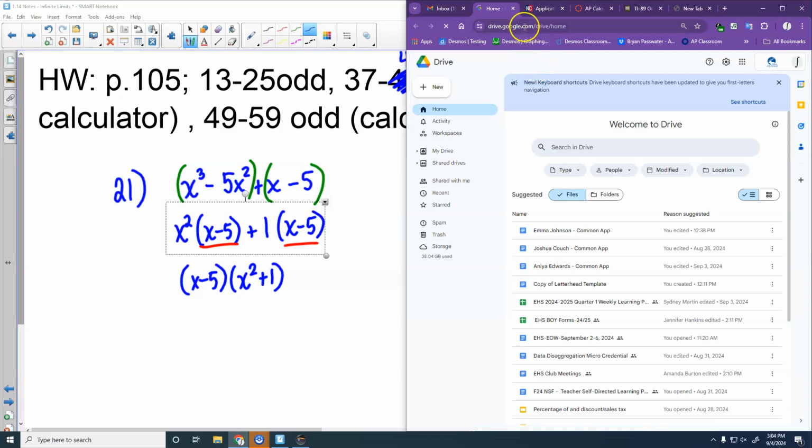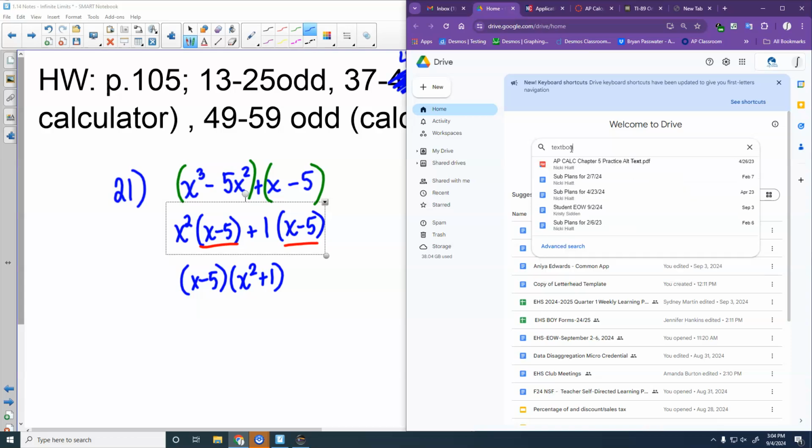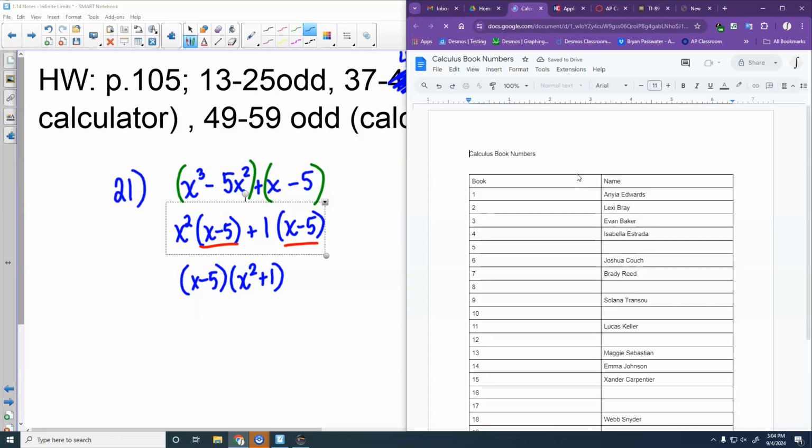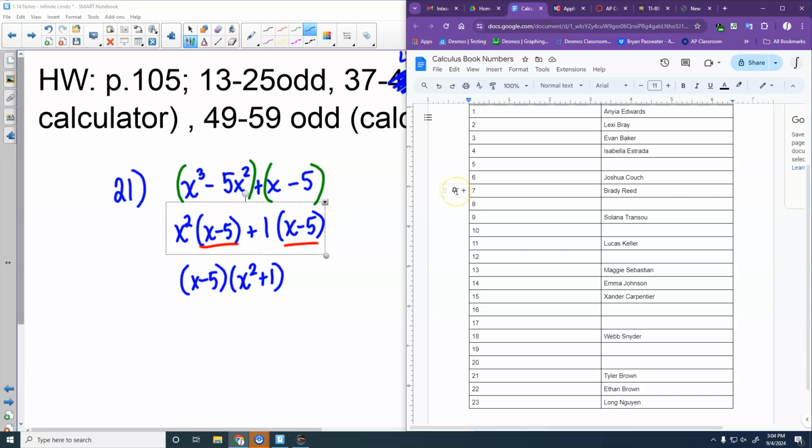I will pull it up. Calculus book numbers. I think it's this. Okay, here's your book numbers. Yeah, I did already have mine. I need to take a picture.